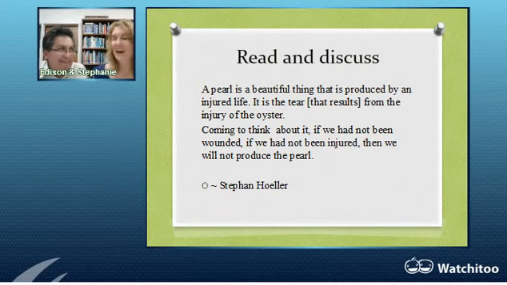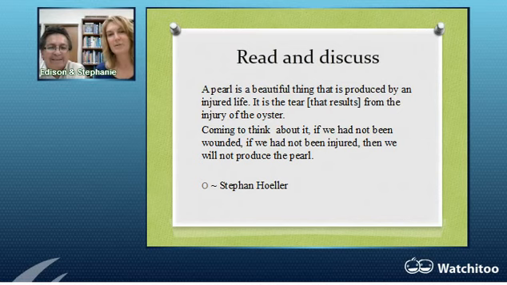I like this summary because Janice said pearls start with sand, which gets into the oyster and aggravates the oyster. It's an injury, it's hurting the oyster, and so to protect itself, it forms this pearl around the sand, in layers, which is protecting the oyster from this outside thing that's hurting them.